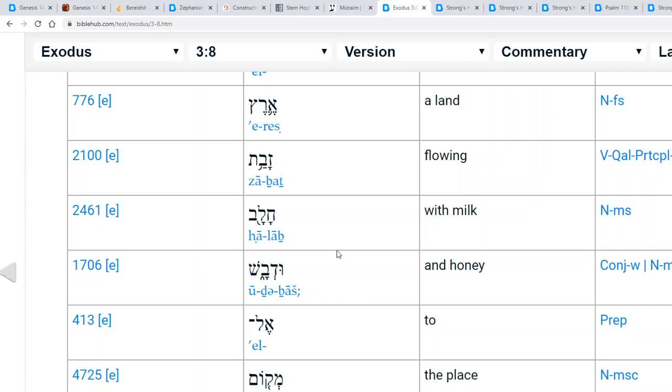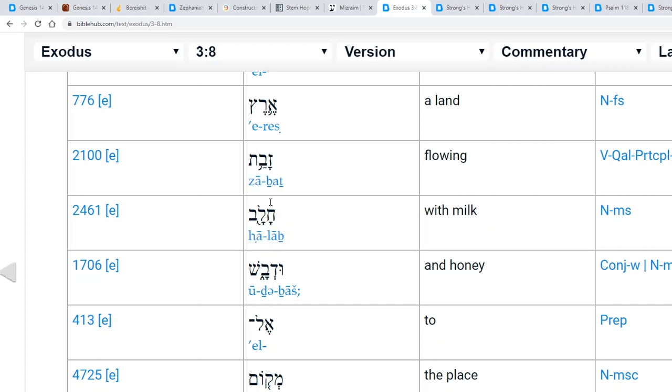I'm guessing that the people who do the textual analysis are going to say, oh, this has a lot of primitive roots, and it really does. So a zav or a zava means to ooze or to flow. So zavat is the feminine singular construct of zava, the hey turns into a tav. Zavat, it's oozing halav udvash.